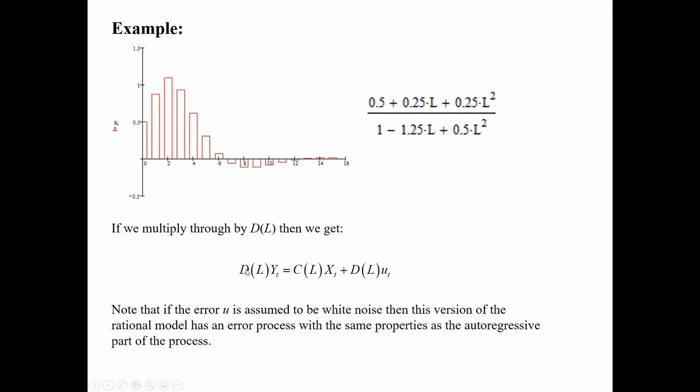So now we'll have lags on the y variable, lags on the x variable. We'll also have a polynomial function in the error term here. In particular, if we assume that the original error term was white noise, then this version of the model has an error process which has the same properties as the autoregressive, i.e. the lagged y, part of this process.